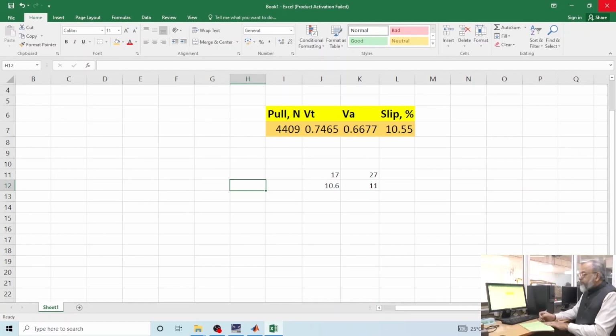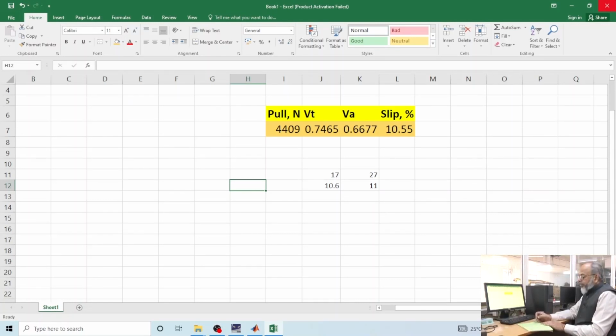That gives the actual velocity, which comes around 0.6677 meter per second.